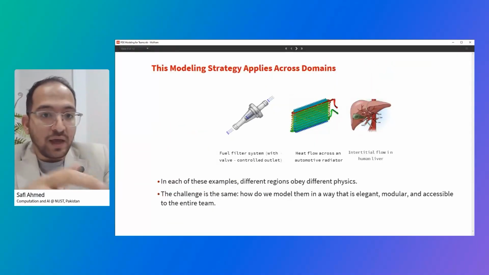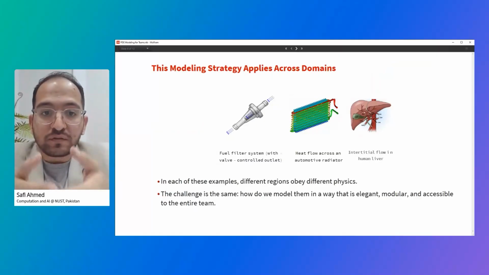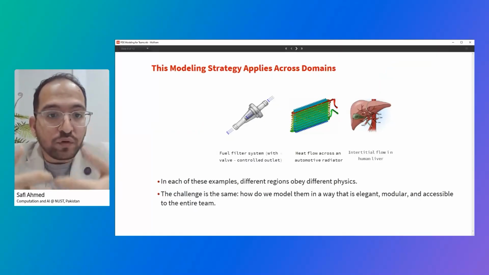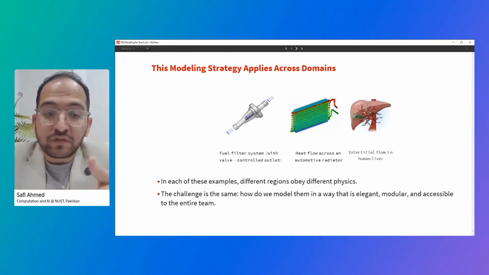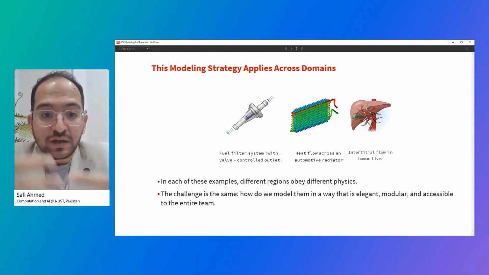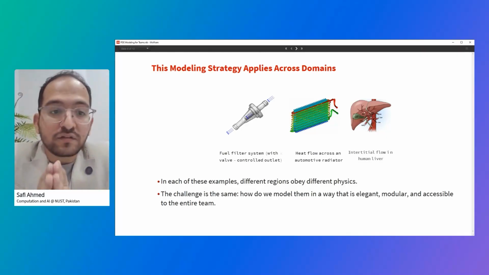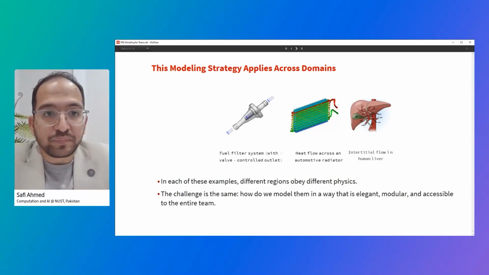As we saw in different domains, this kind of modeling strategy can be applied across domains. In each of these examples that we saw earlier, different regions obey different physics or different partial differential equations, but the challenge is the same: how do we model them in a way that's elegant, modular, and accessible for the entire team?